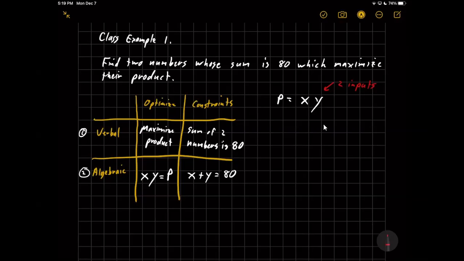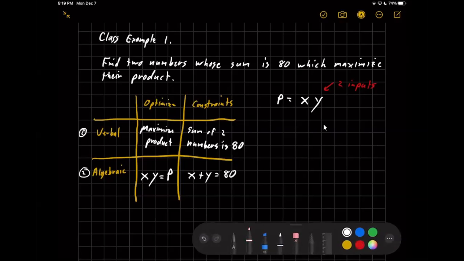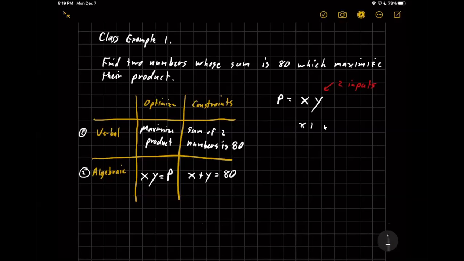That's where the constraint comes in. The constraint says that x and y can't just be any number. If we know what x is, since x plus y is 80, we could substitute that y is 80 minus x.